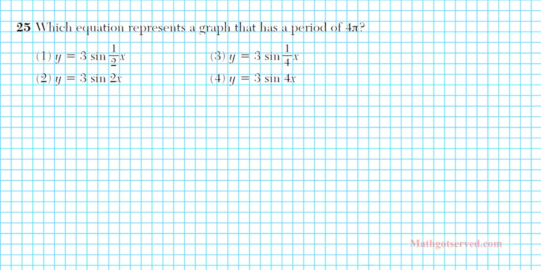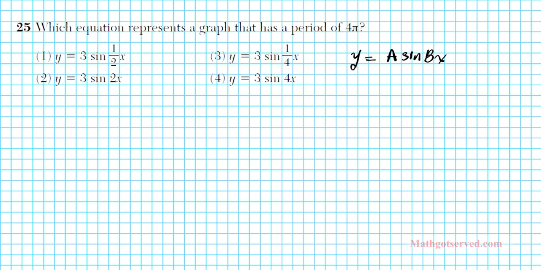All right, so for problem 5, it says which represents a graph that has a period of 4 pi. So if you think about the equation of a trig function that has a specific period, let's say we have, looking at all this format right here, if I can write it as y equals a sine bx.